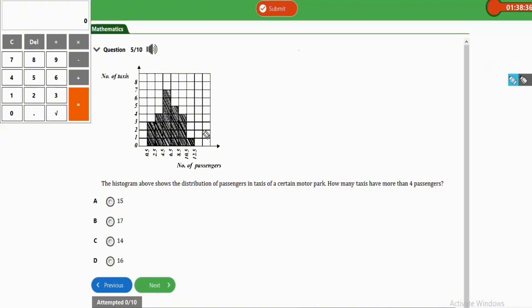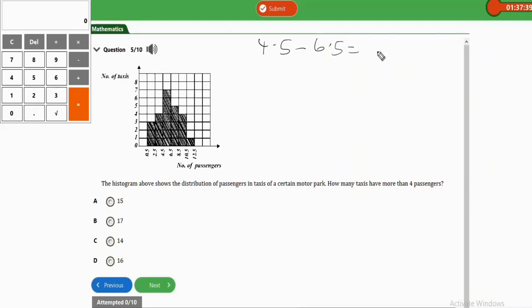For more than 4 passengers, the horizontal axis is for number of passengers, the vertical axis is for number of taxis. So we begin to calculate from people that have from 4.5 and above. So it will be, let's do 4.5 to 6.5 passengers.